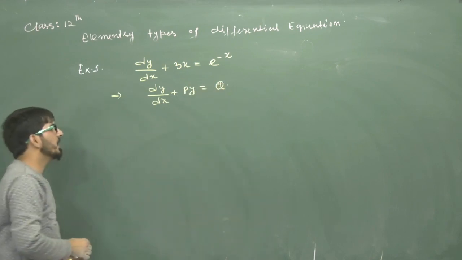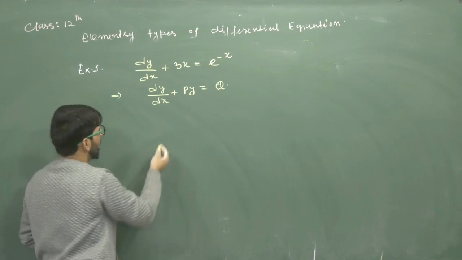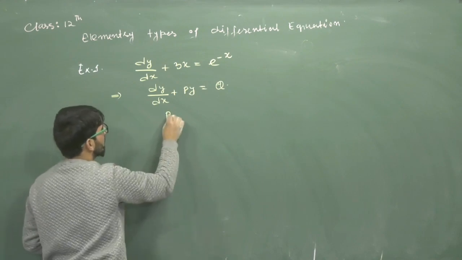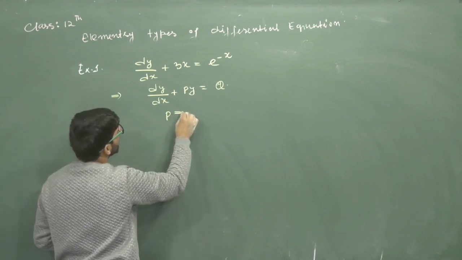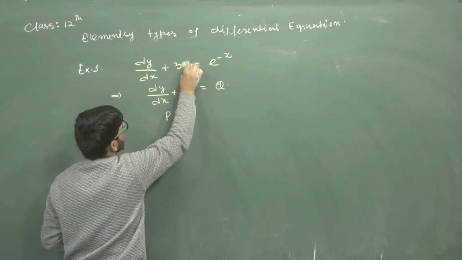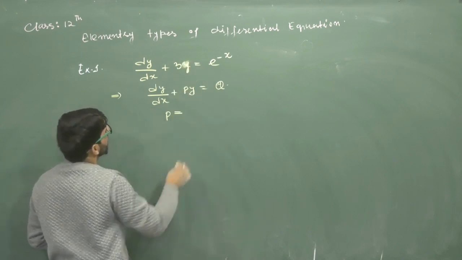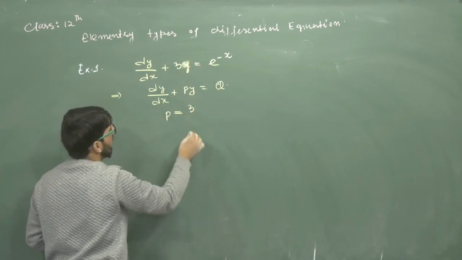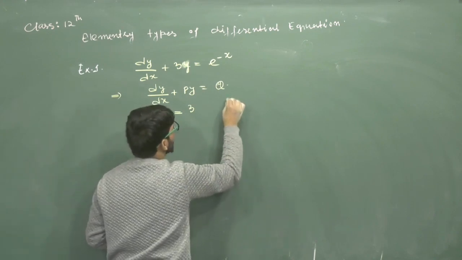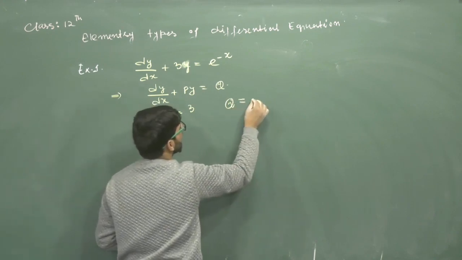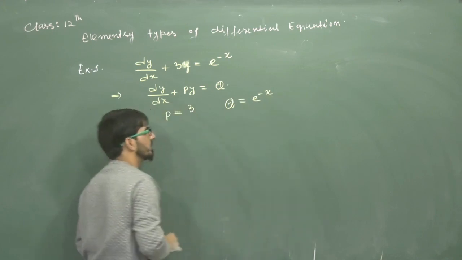So if we equate these two equations here, we get p is equal to 3, and q is equal to e raised to power minus x.